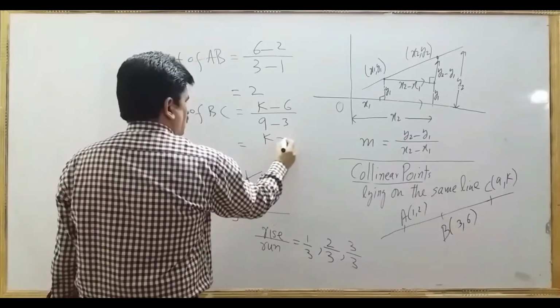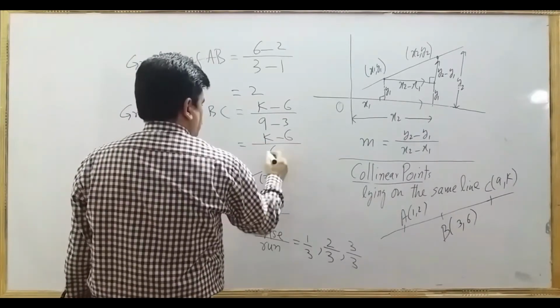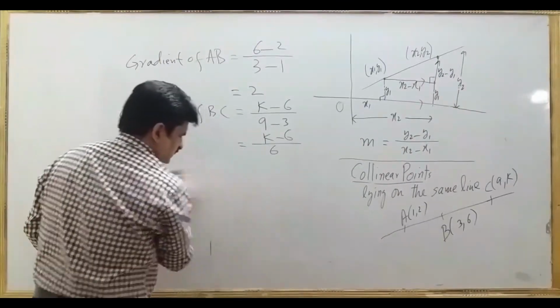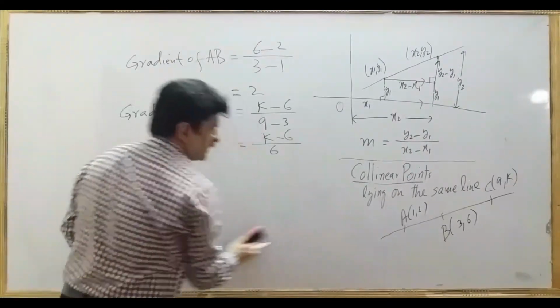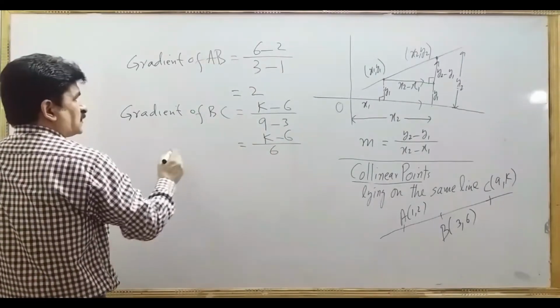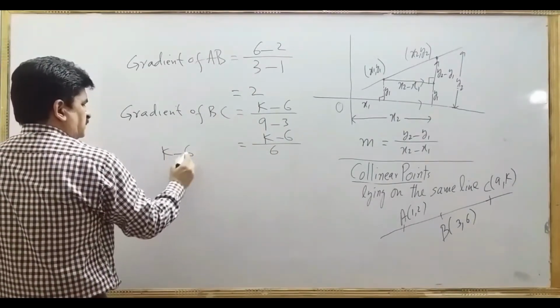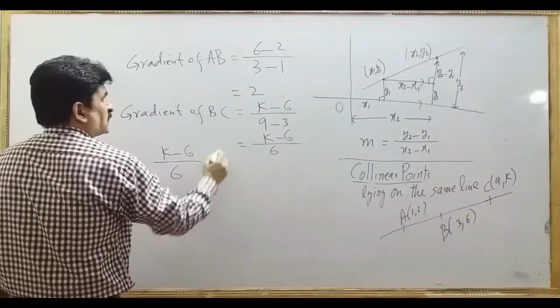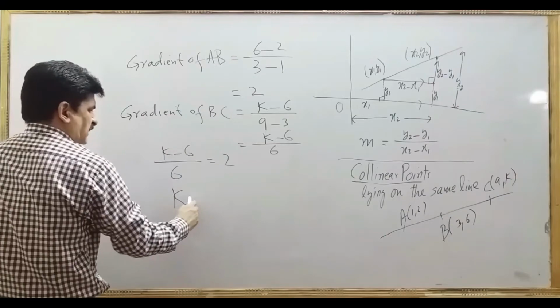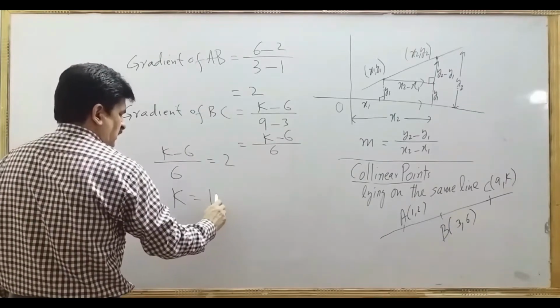This is equal to (k minus 6) over 6. Now the gradients must be equal because they lie on the same line. One line will have one gradient. So gradients are equal. It means that you can make equal these 2 quantities. From here you will get k is equal to 18.